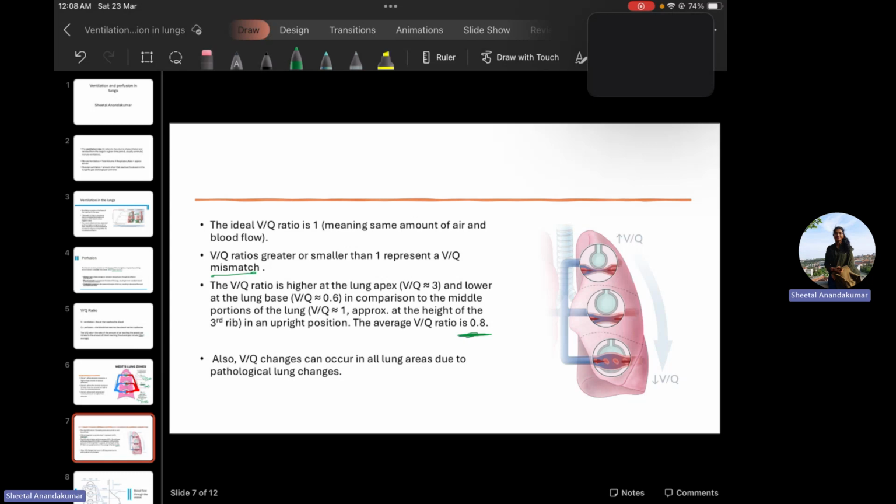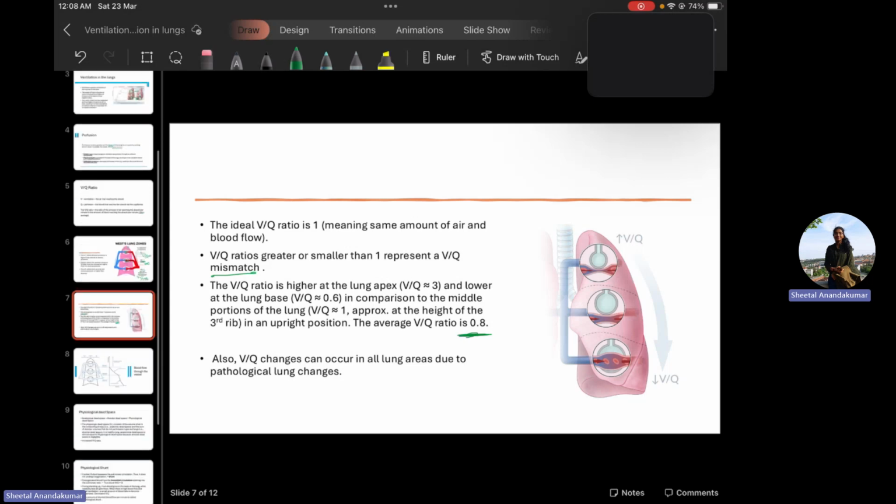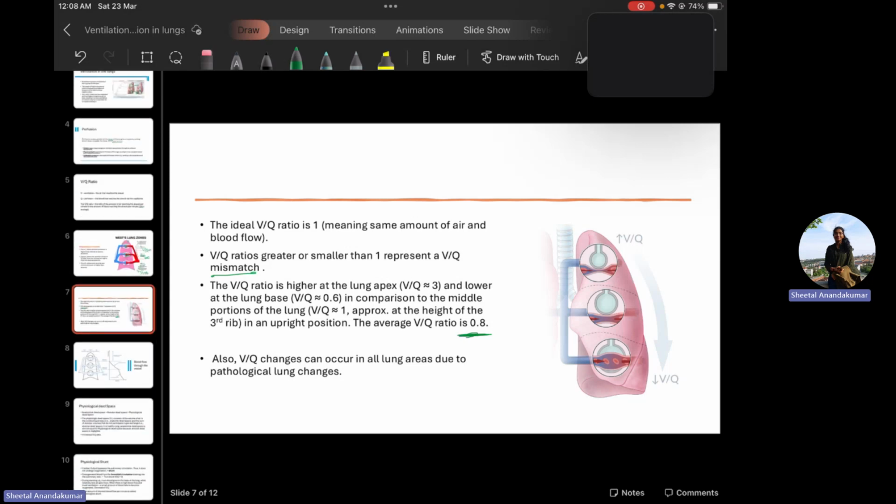This is physiological for a human being with healthy lungs, but the VQ ratio can change depending upon the pathology involved in the lungs. If there's an obstruction in the capillaries or in the blood vessels, then there could be decreased perfusion to that area, and because of that the VQ ratio might increase.